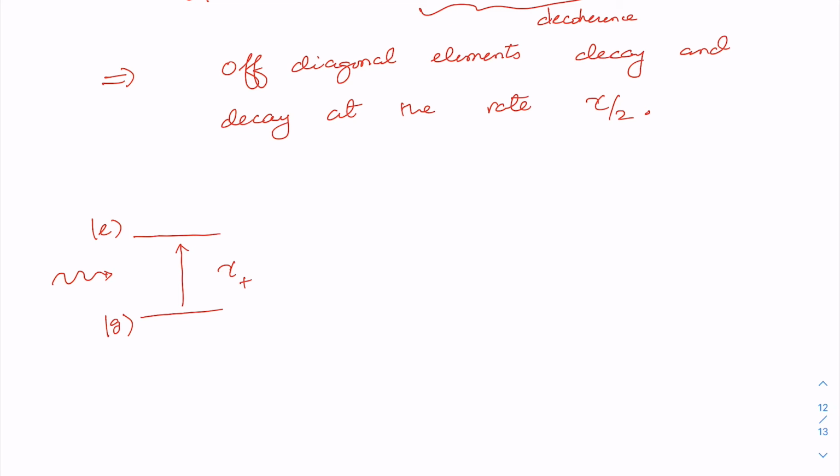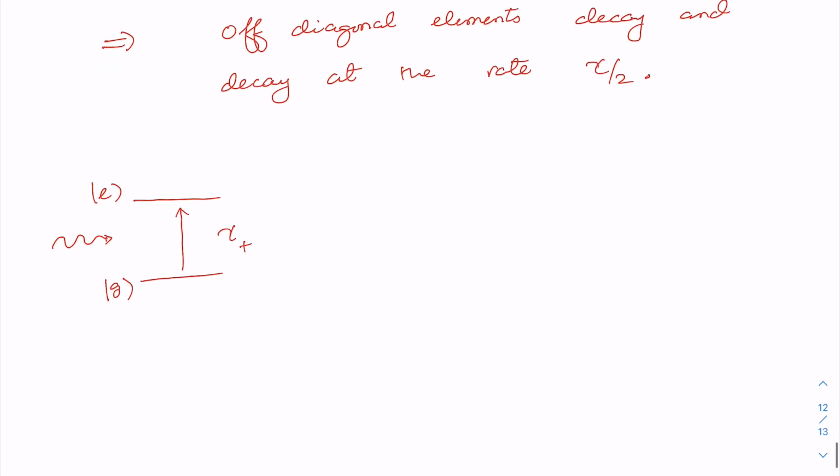Then how can we take this into account in our master equation? Here I am doing thermal excitation of the two level system.